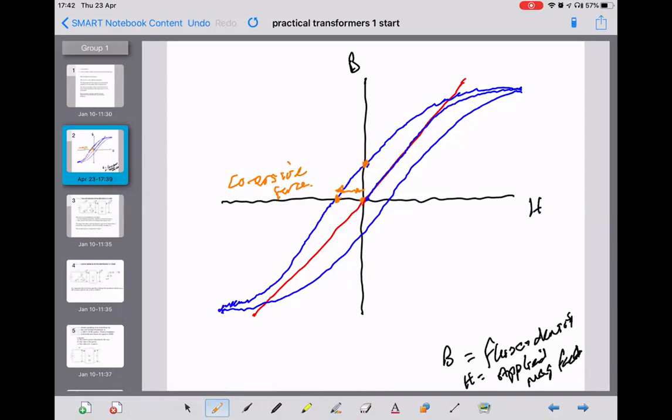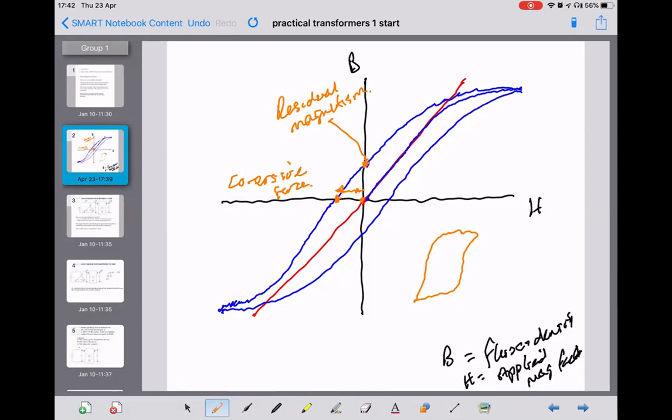And this point is called residual magnetism. Now, that BH curve, the hysteresis curve, is quite narrow. If you have a really wide one, like that, that's bigger hysteresis loss. The smaller and narrower it is, the less hysteresis loss there is.